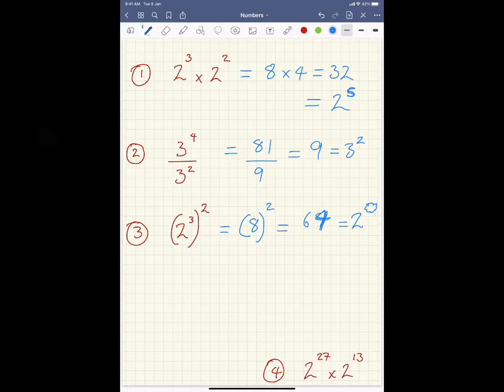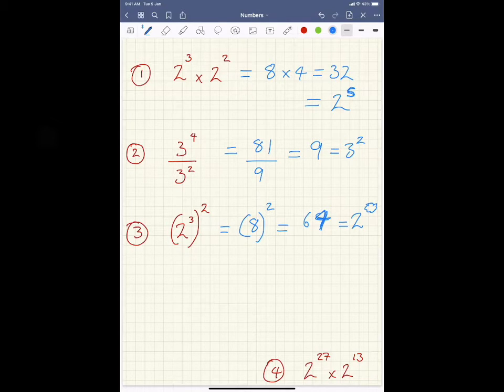Tell the person next to you what number goes in the cloud. So what number goes in the cloud? 32?